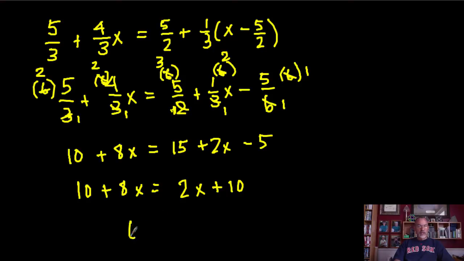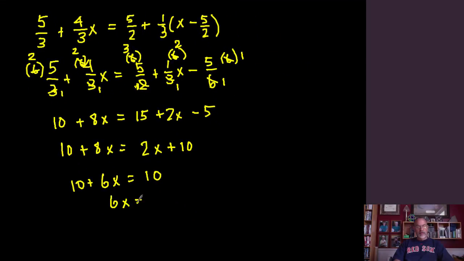Now we can subtract 2x from both sides, and then subtract 10 from both sides, and then divide by 6, so I get a value of 0, so my answer is 0.